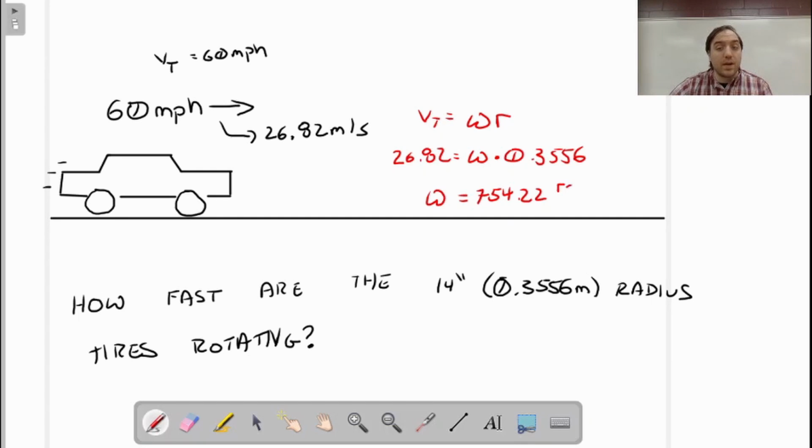And this would be radians per second. If we want to put this in slightly different terms, divide that number by 2 pi, and you're doing 120.04 revolutions, full rotations per second, when your car is going 60 miles per hour. This is a very high number, but it explains how tires wear and tear.